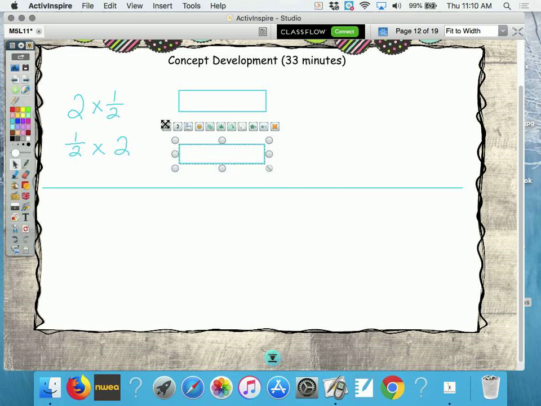Move that down a little bit. Okay, so the first one means 2 copies of 1/2. Look up here. 2 copies of 1/2. So I want you to put copies here. 2 copies of 1/2. And so on this tape diagram, I'm just going to draw my 2 copies of 1/2.